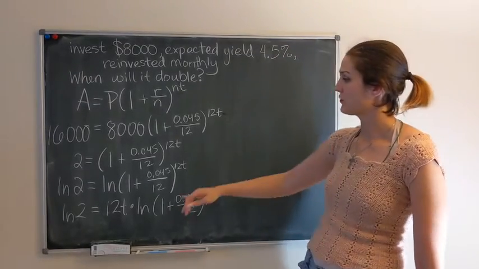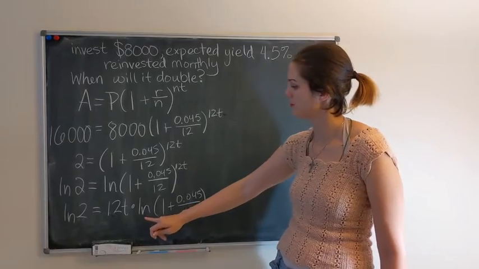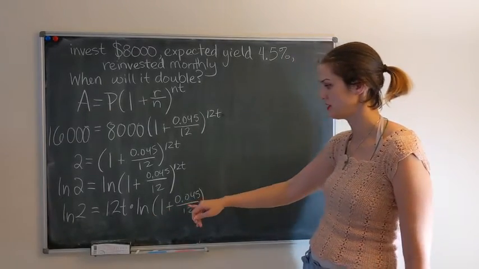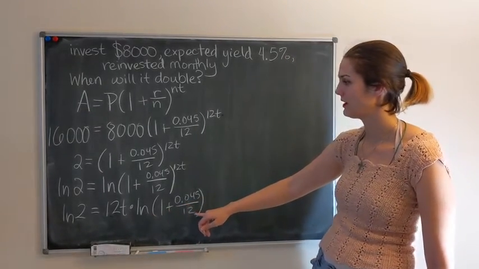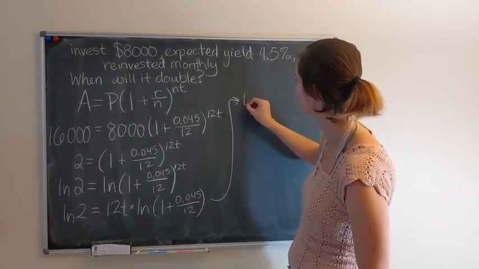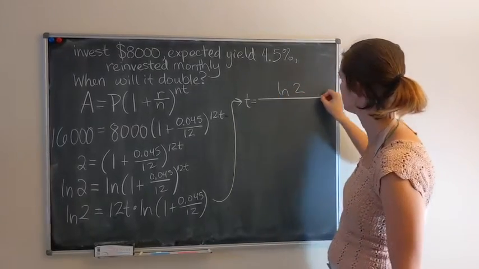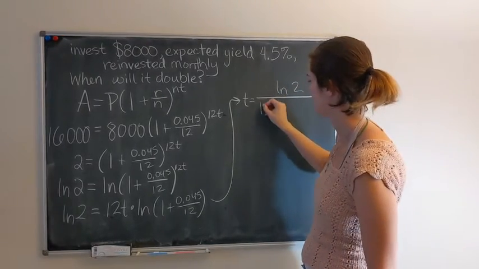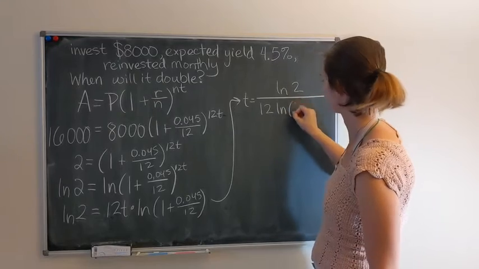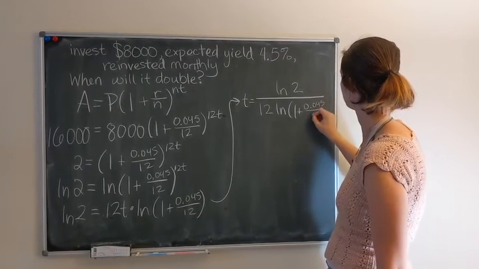And if I want to solve for t now, I can just divide both sides by 12 and also divide both sides by the natural log of 1 plus 0.045 over 12 to isolate t all by itself on one side of the equation. So that'll give me the natural log of 2 divided by 12 times the natural log of 1 plus 0.045 over 12.